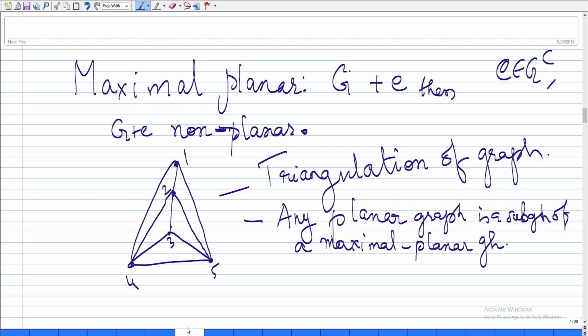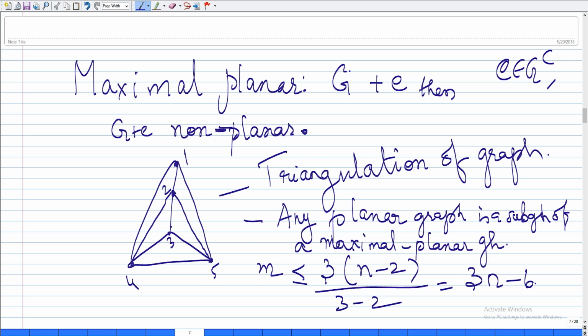So, from the previous formula, m has to be less than or equal to 3 into n minus 2 by 3 minus 2, which is 3n minus 6. You take any other planar graph, it is going to be sitting inside some maximal planar graph. So, a maximal planar graph can have at most 3n minus 6 edges for any n.